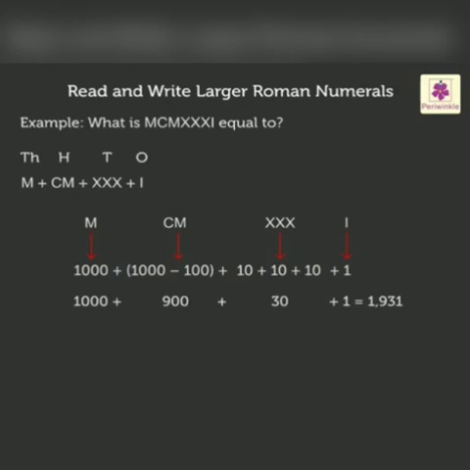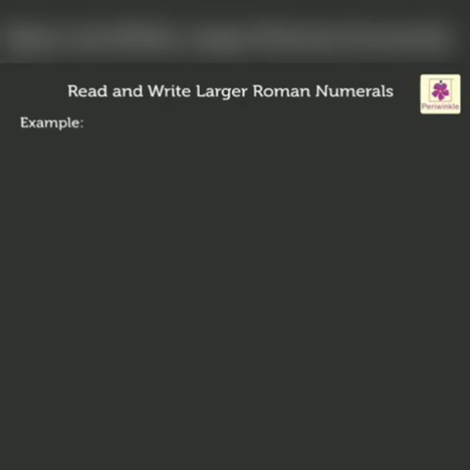Now, let us look at another example. Write 3817 in Roman numeral. We first write the number 3817 in expanded notation as 3000 plus 800 plus 10 plus 7.